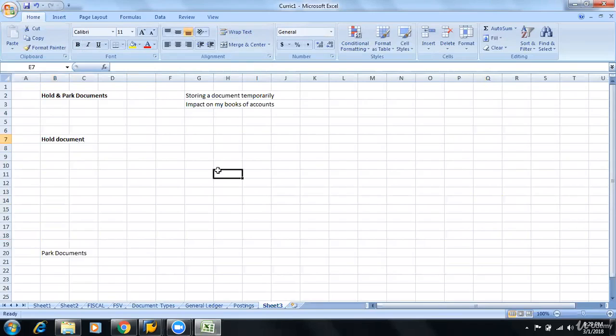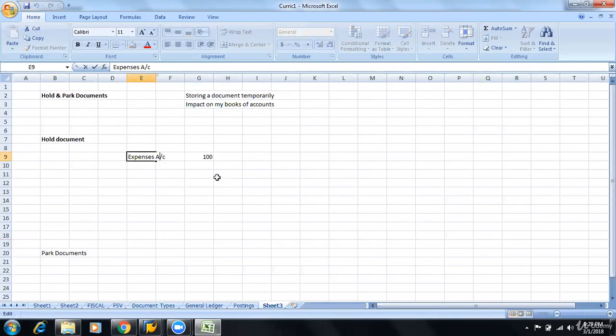For example, there is an accounting transaction to be posted. It's like this: expenses account, debit.